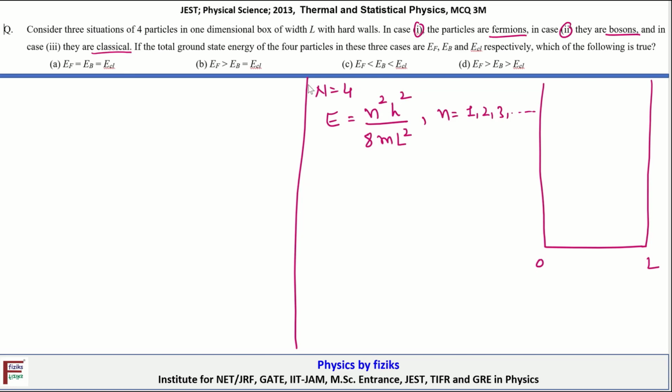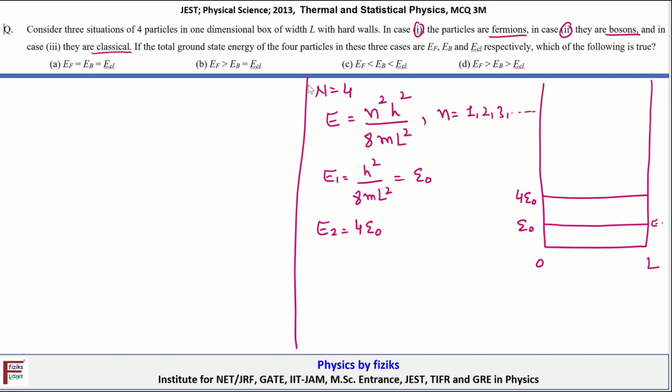For n equal to 1, we obtain the ground state energy E1, which is h squared upon 8mL squared. Let's call this E0. Now for n equal to 2, we have n squared, so we will have 4 times E0.